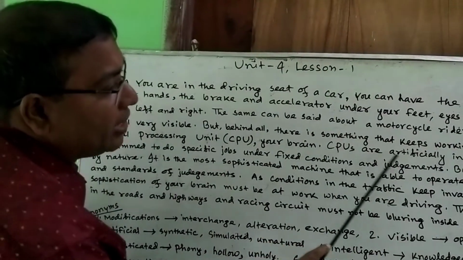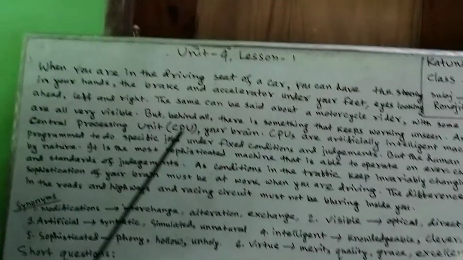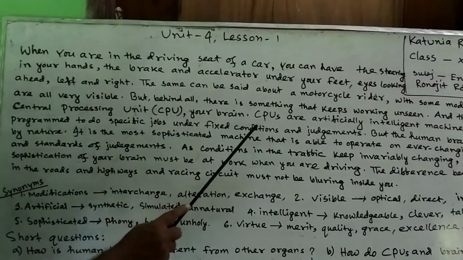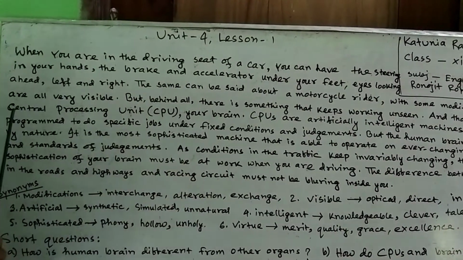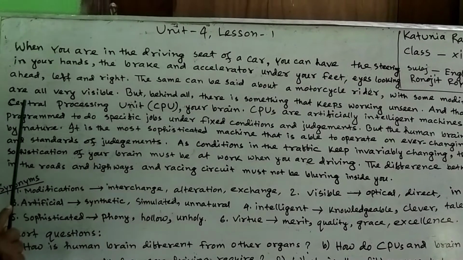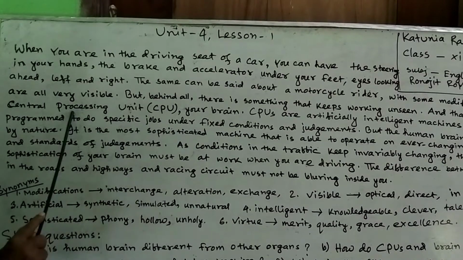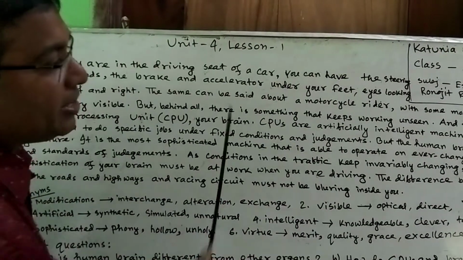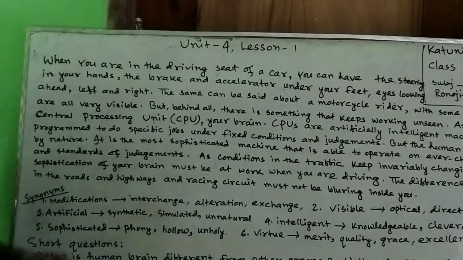CPUs are artificially intelligent machines. Here the full meaning of CPU has been given: C indicates central, P indicates processing, and U indicates unit.